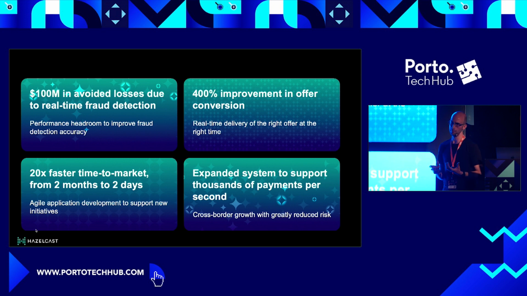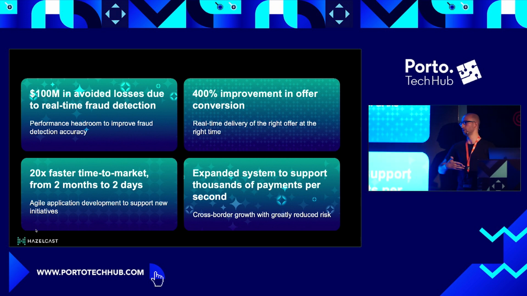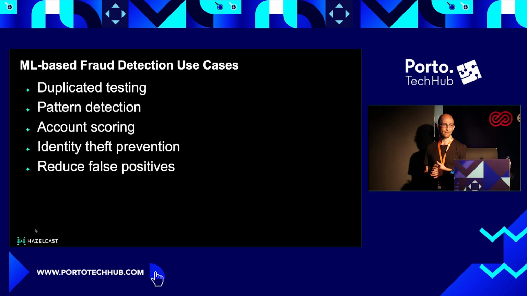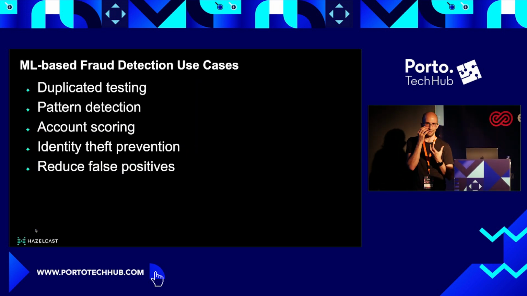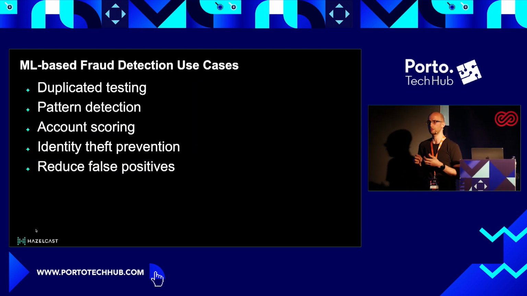This use case I will be discussing today touches every one of us, so perhaps it's a good topic to discuss, but it can be applicable to any domain, basically. So I will be focusing on machine learning in real time for fraud detection. This is a quite important and hot topic.